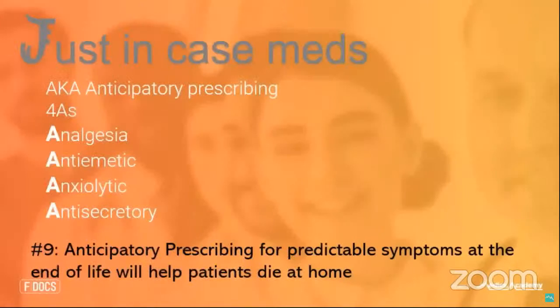So if you've jumped up and down, you're feeling a bit more energized again, we can move on to J, which is for just in case medications, or the other term used for this is anticipatory prescribing or anticipatory medications. And so what we're referring to here is anticipating which medicines a patient may need, just in case, in the final days of life.